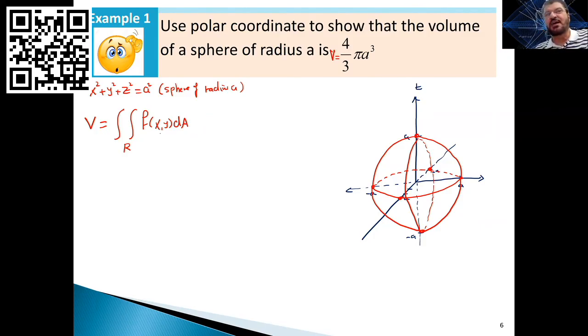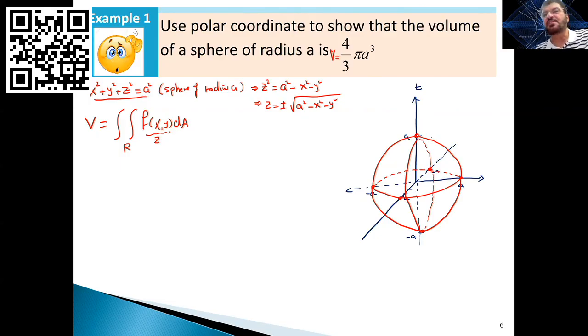Now, what do you put inside? We put the z, right? f of x y is z. So let's go back here, guys, and look at z. From this one, we know that if I solve for z, z squared is what? a squared minus x squared minus what? y squared. So if I take the square root of that, z is going to be plus or minus square root of a squared minus x squared minus y squared.